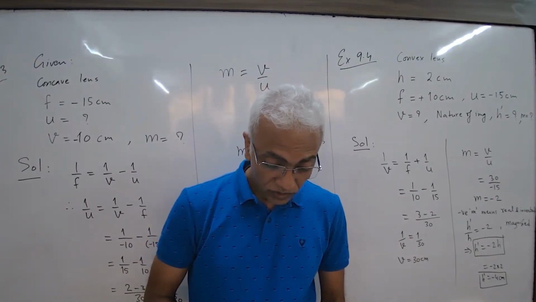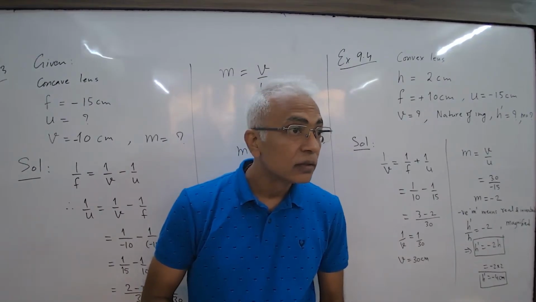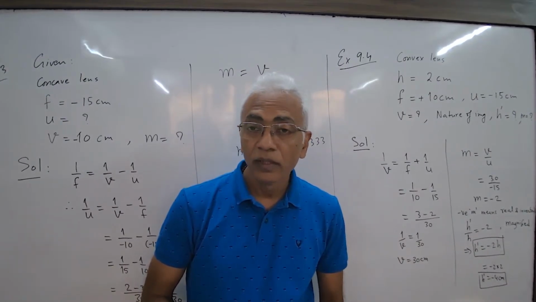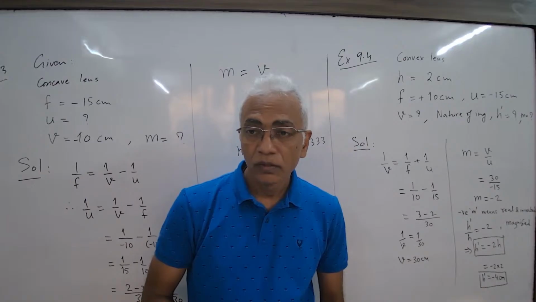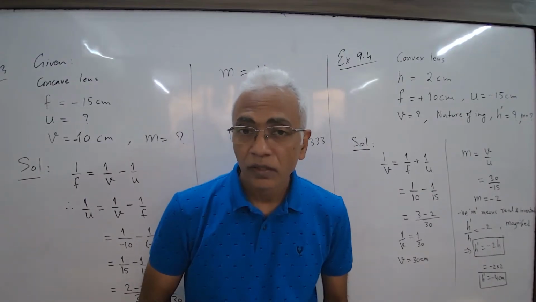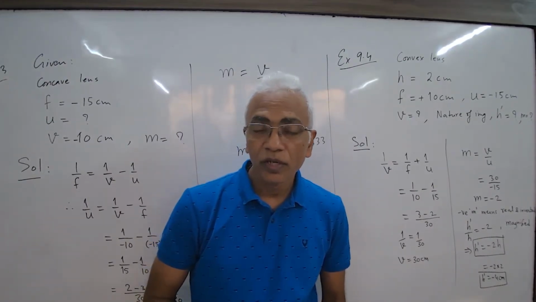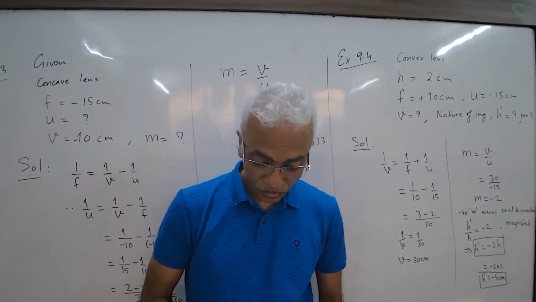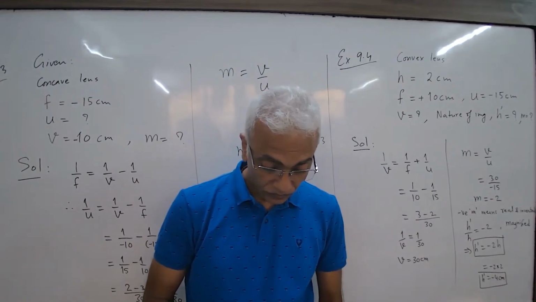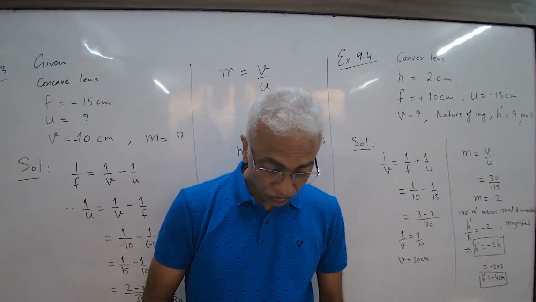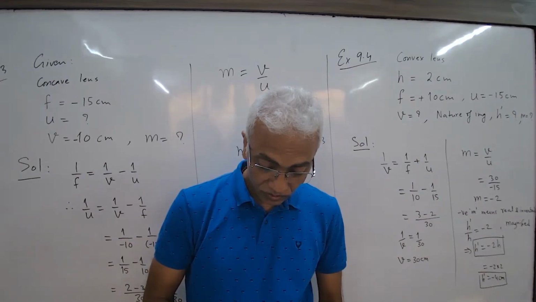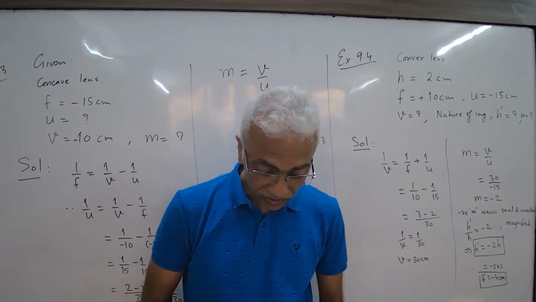So what kind of lens is used by watchmakers? Convex lens. Why? Because it produces a virtual and enlarged image.